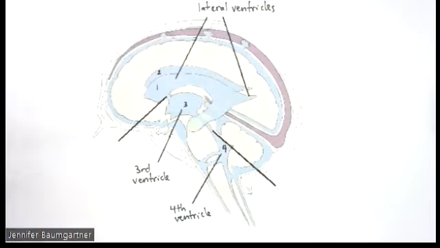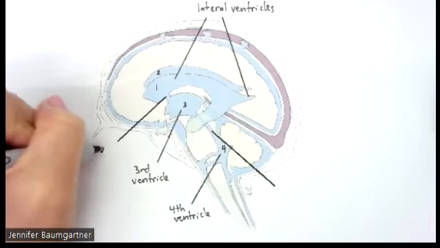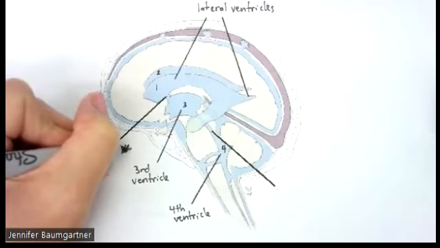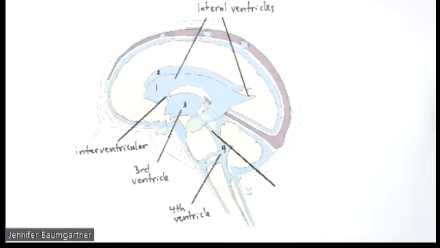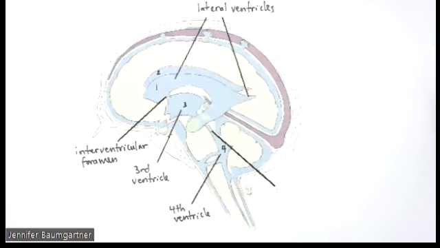The connecting regions: this region is the interventricular foramen. And back here we have the cerebral aqueduct.